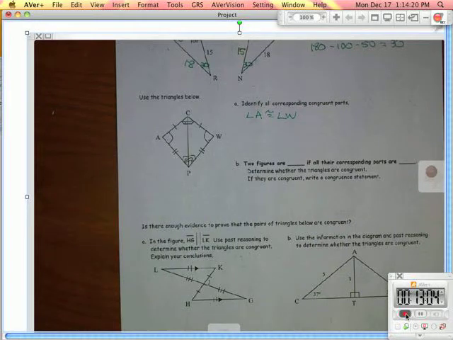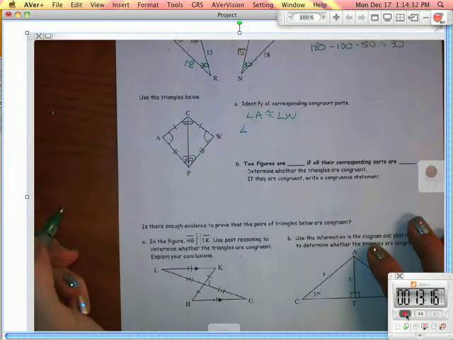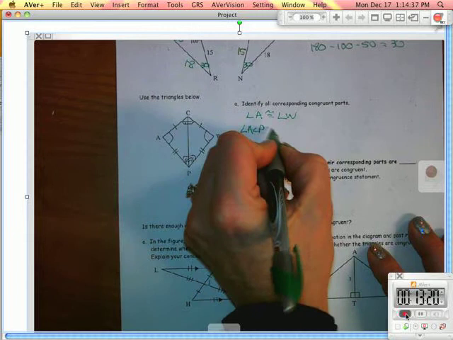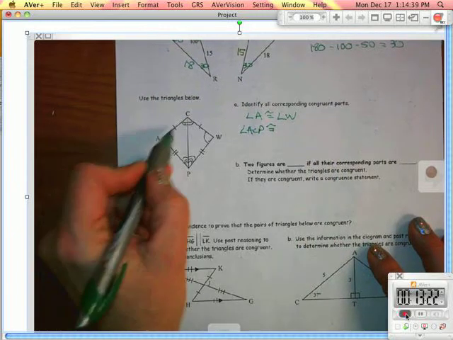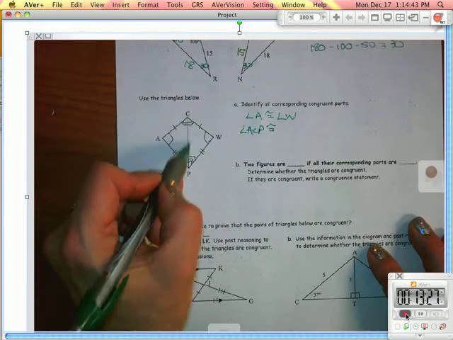ACP is congruent, so this angle right here is congruent to this angle. So I'm going to say WCP. The letter C is in the middle for both of these because we're talking about this location right here.